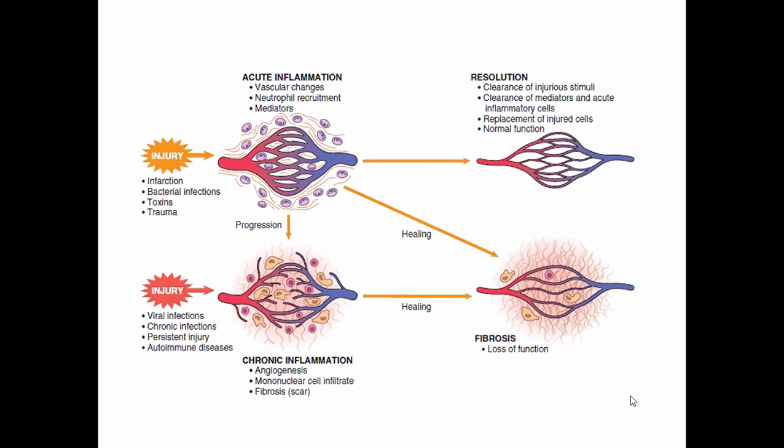The redness or rubor, the calor, and the tumor are caused by the increased blood flow and edema. The circulating leukocytes, initially predominated by the neutrophils, adhere to the endothelium via adhesion molecules, and then later traverse the endothelium and migrate to the injury under the influence of chemotactic agents.